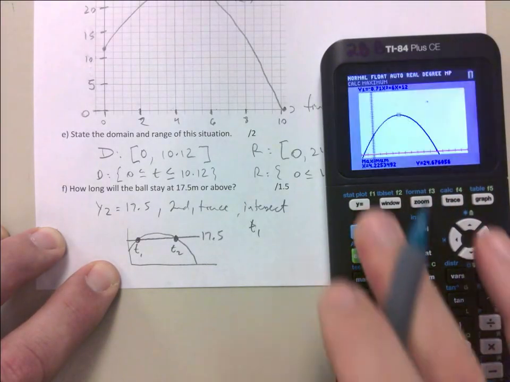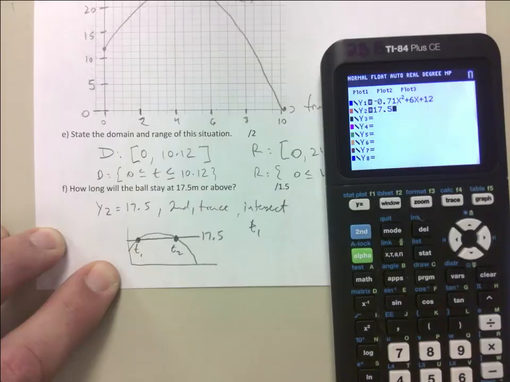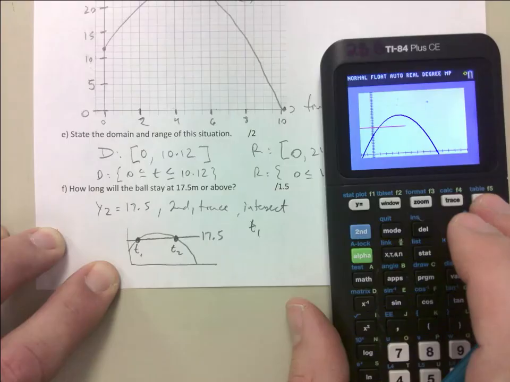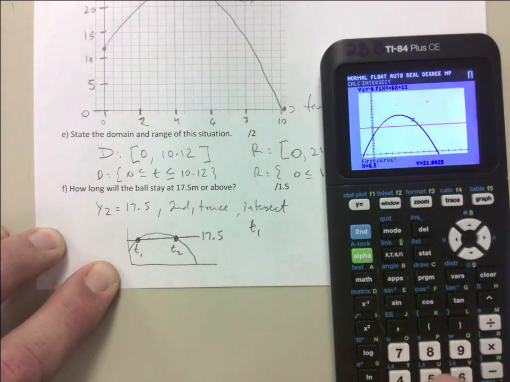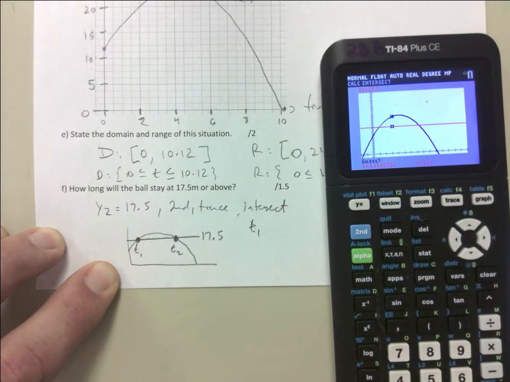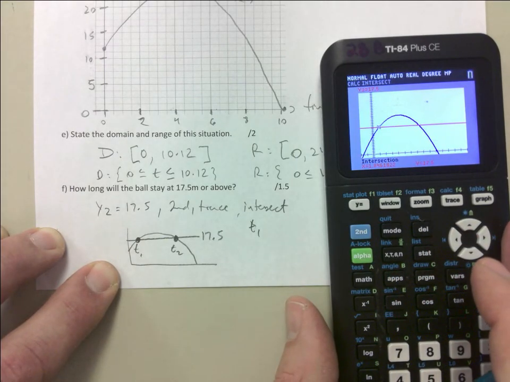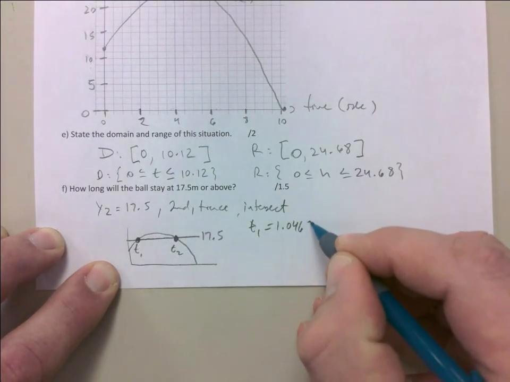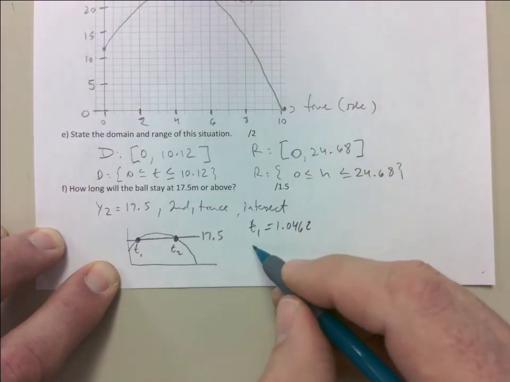You let y2 equal to 17.5. Graph it, second trace 5. Let's find the first one. That is 1.0462. You get half a mark for that.